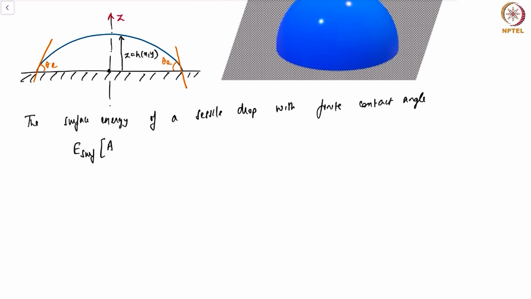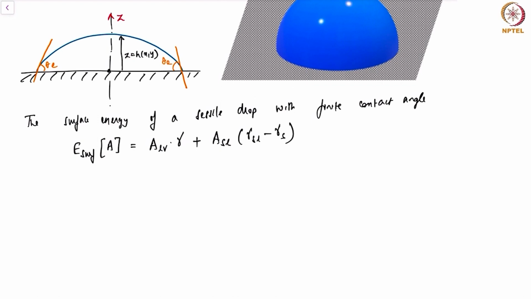This is an energy functional, which further depends on the area. So we have two area quantities that we have to deal with. The area of the liquid vapor interface times the surface tension gamma, plus the solid liquid area times the difference in the surface energy densities.